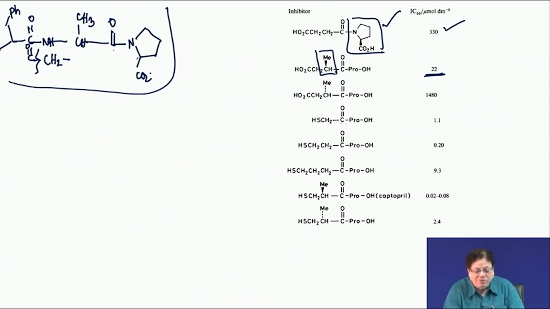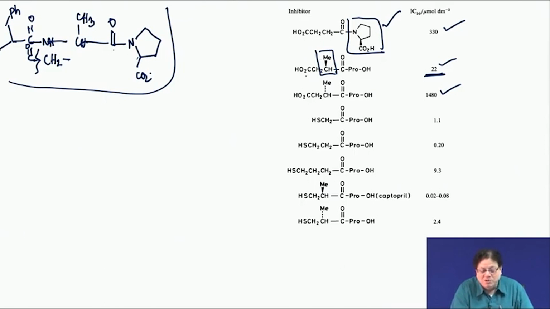It is not alanine, it is the succinic acid, but I am just comparing with alanine. So, when the methyl is beta, you have activity, when the methyl is alpha, you have 1480. So, the stereochemistry is so important, which is absolutely required for any enzyme inhibition or enzyme catalysis. So, up to this point you cannot change now.